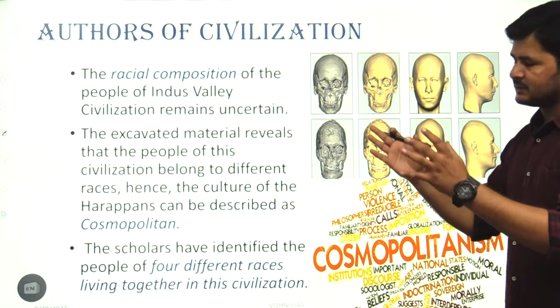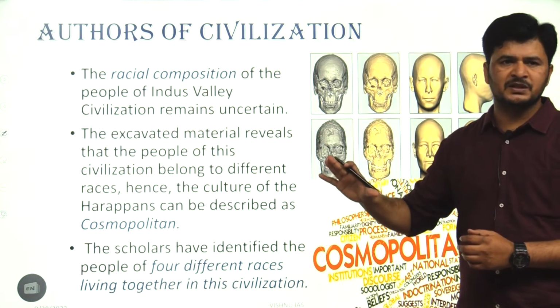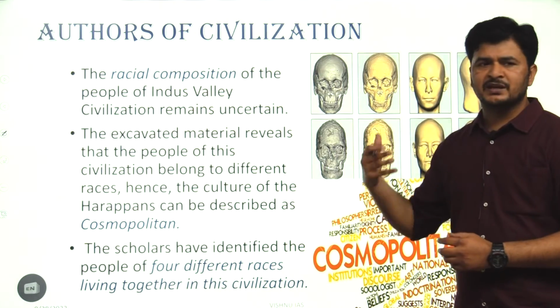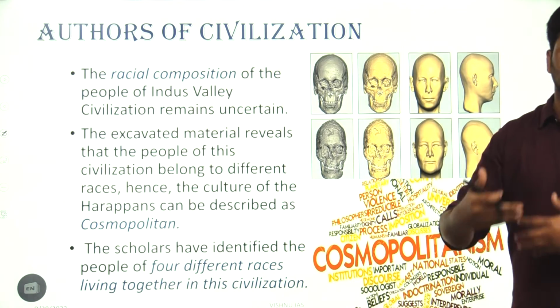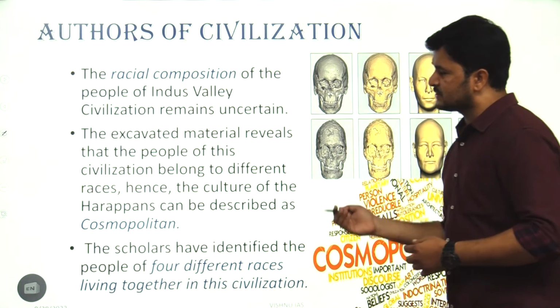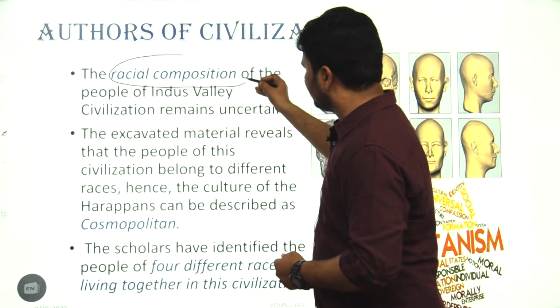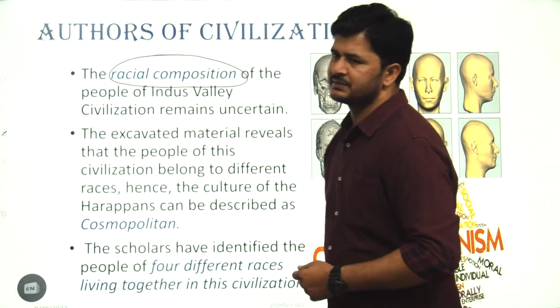By looking at the features of the respective images, archaeologists came up with hypotheses, different opinions, and they branded Indus Valley civilization as dominated by various races.